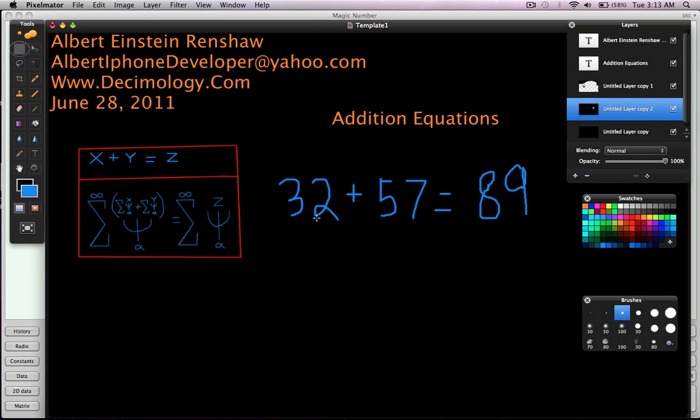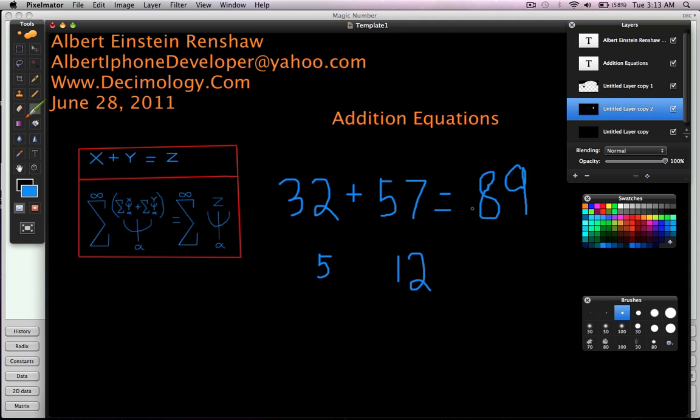Alright. 32 plus 57 equals 89. So what we're going to do according to this is sum up the digits of the number x, right? Okay, so 3 plus 2 is 5. And then we do the same thing with the number y. So 5 plus 7 is 12.